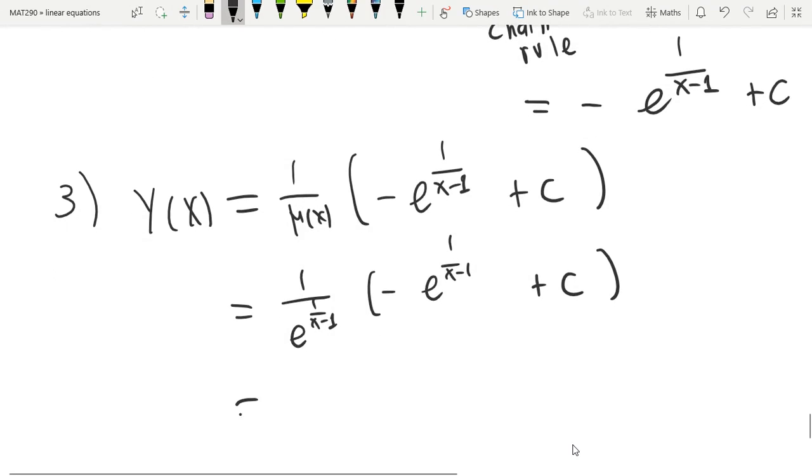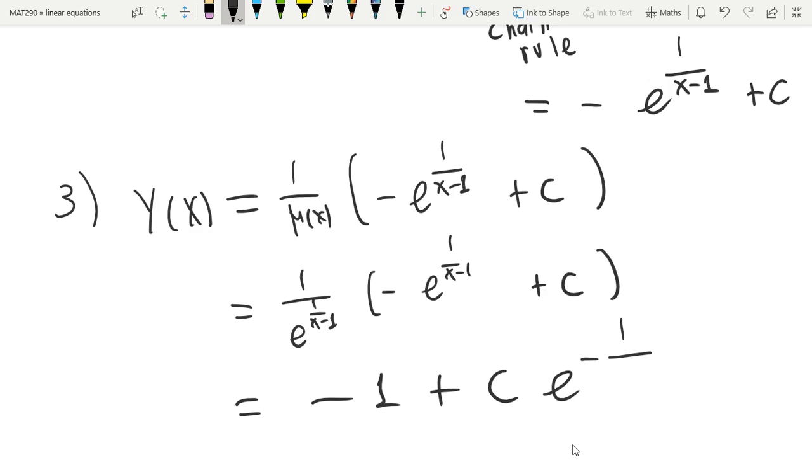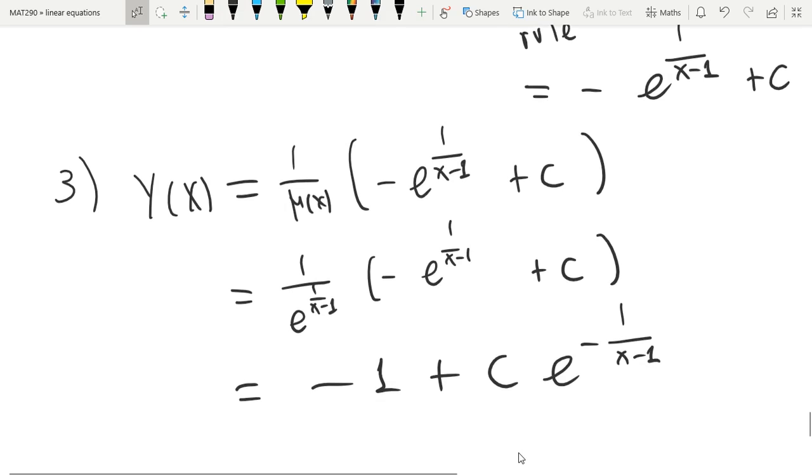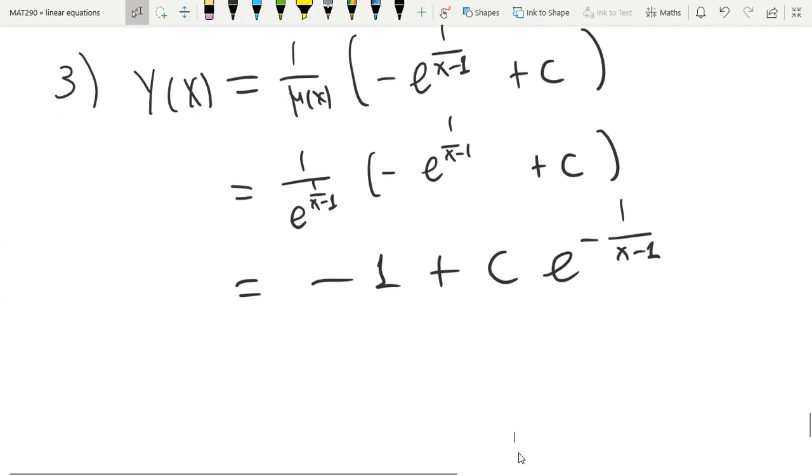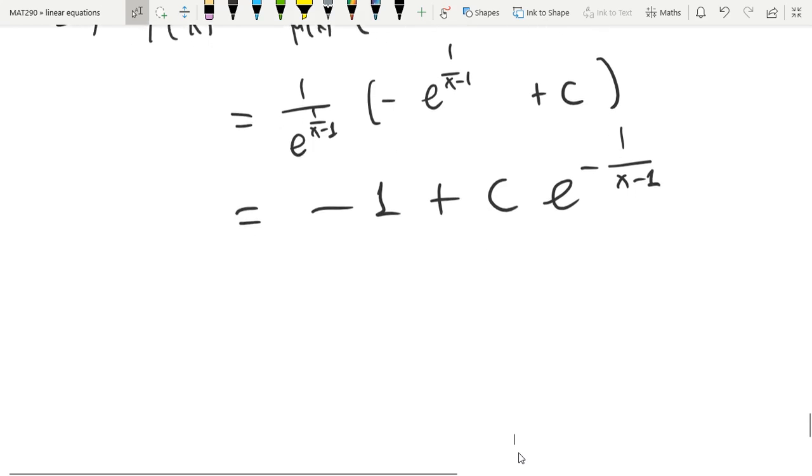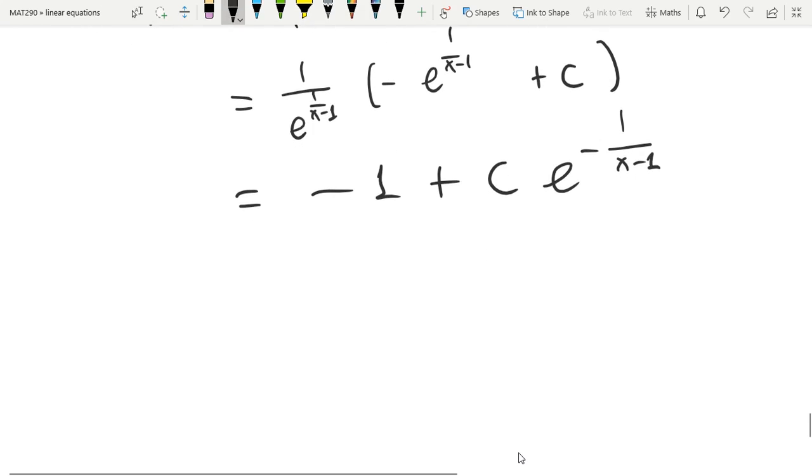So we're left with minus 1 plus constant e to the minus (x minus 1). Okay, so that's the solution. Let me make a comment. So right away, you see that there's something funny happening at x equal 1. Okay, so we have the following bifurcation, the following split.